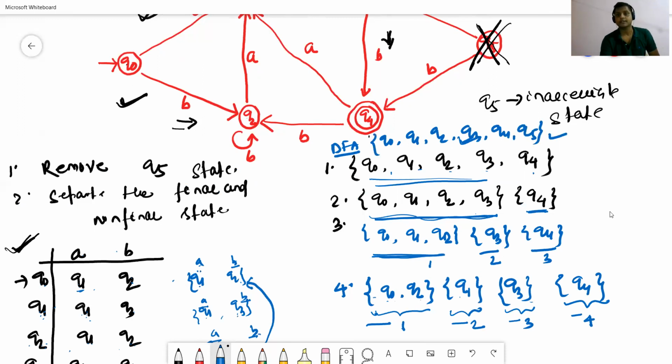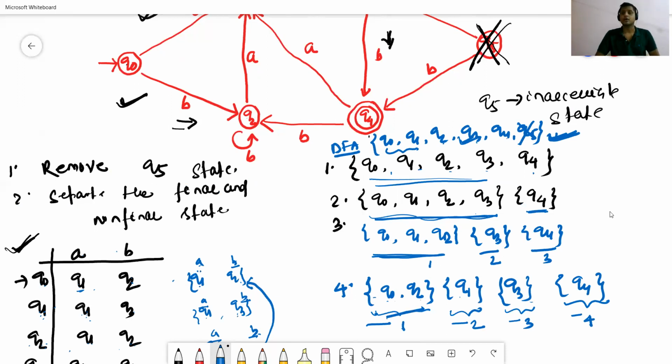This is called DFA. But when we minimize these states, we remove Q5 and we merge Q0 and Q2 in one state, and we separate Q1, Q3 and Q4.